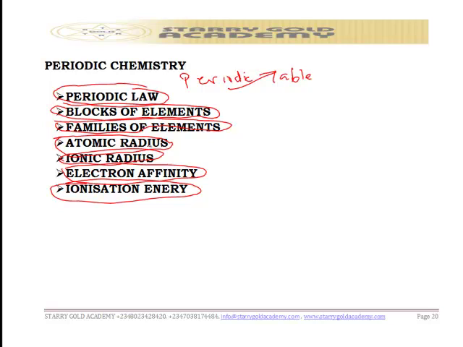Scientists like Lavoisier in 1787, Newlands in 1865, and Lothar Meyer, also in 1865. They are the scientists that made their own contributions to the periodic table.